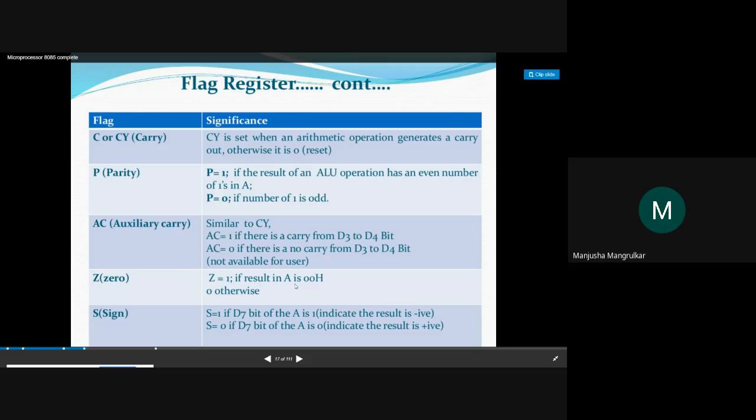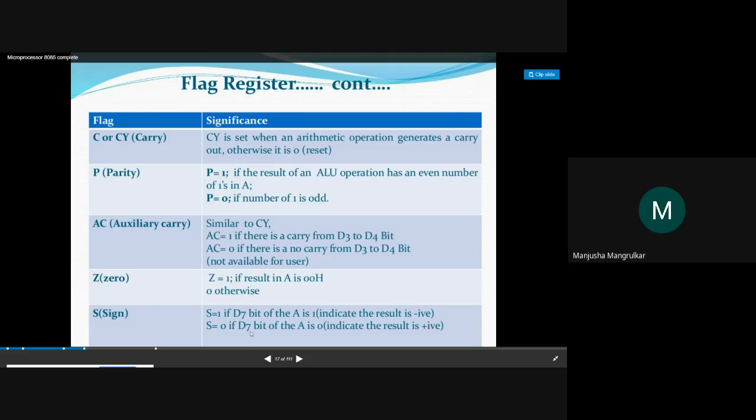Zero flag: if the result in A is 0 0, meaning your operation result is zero, your zero flag will be set to 1, otherwise it is 0. Sign flag: if the D7 bit of A is 1, it indicates a negative number.